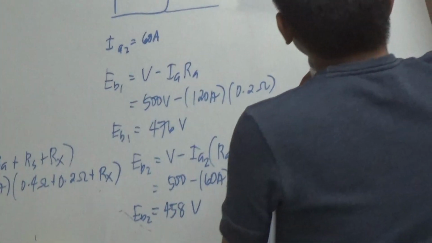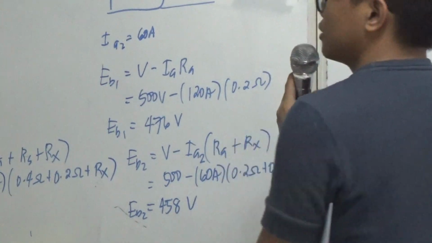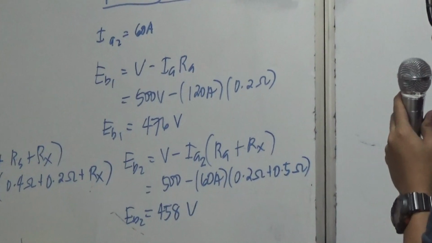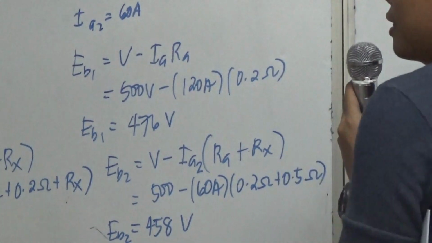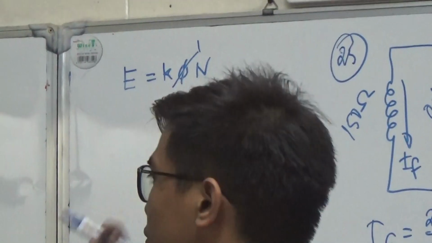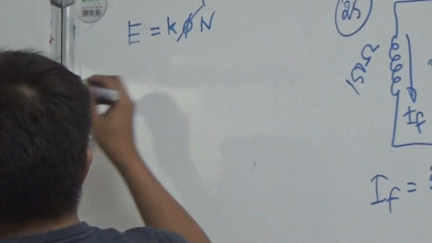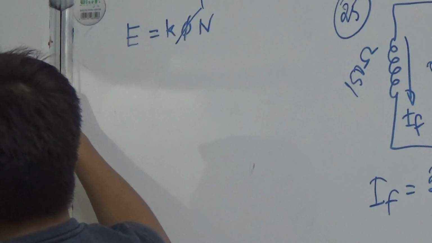Then ratio and proportion ulit. E is equals to K phi N. Shunt field, the shunt field is constant, no? So 1 na lang yan. Hanap natin is the speed. So, ang N1 natin is 10 RPS.